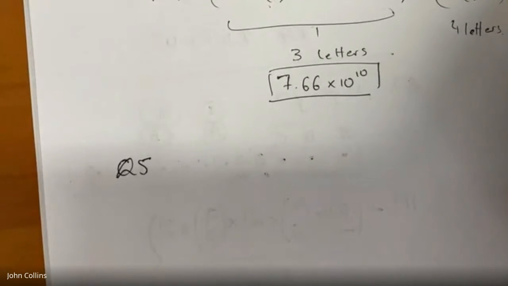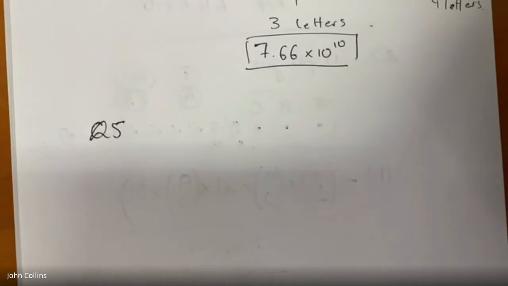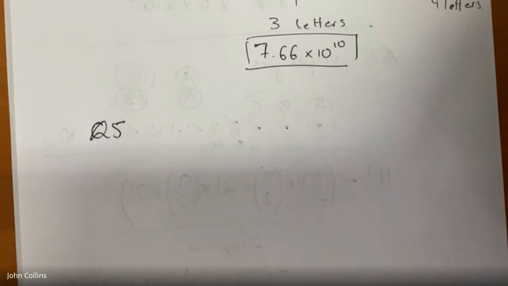Question 5 is the desks. Did you get this far, or no? Yeah, I got question 5. Okay, what's your answer? So part A? Part A is just 10 factorial.